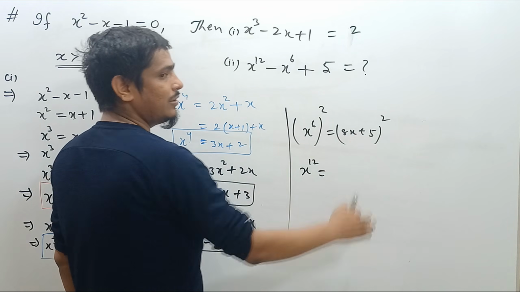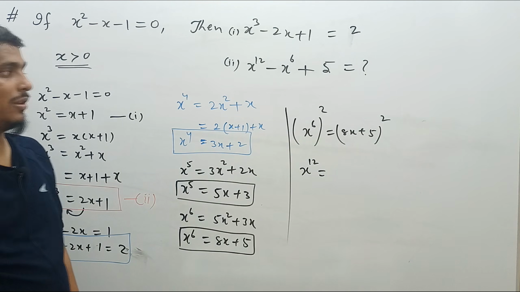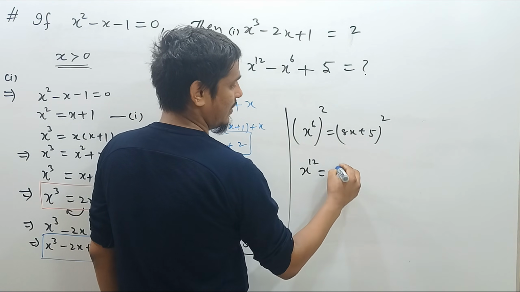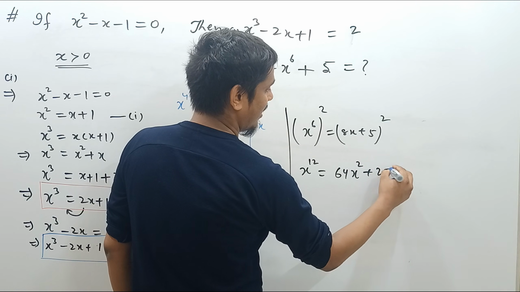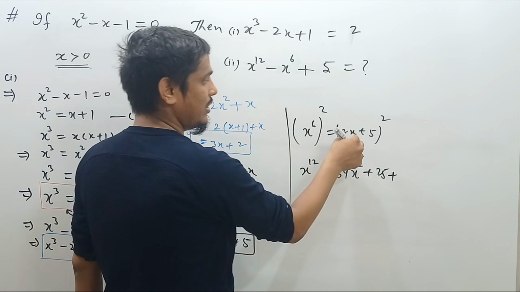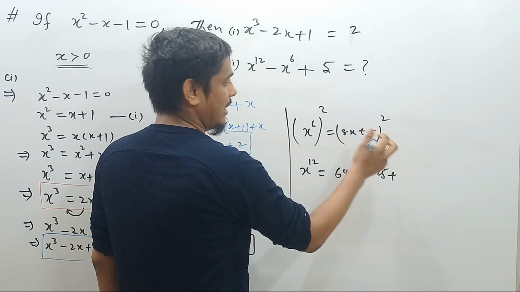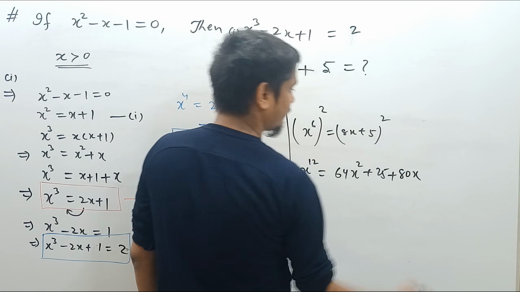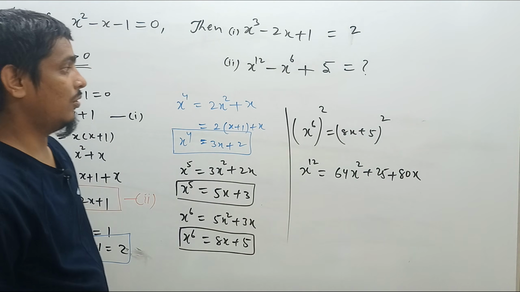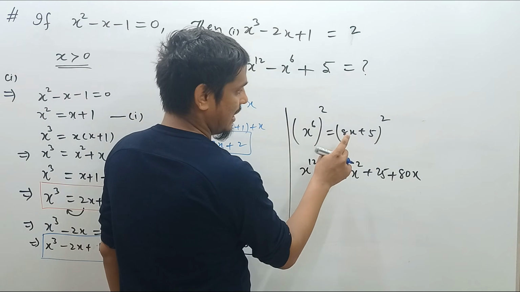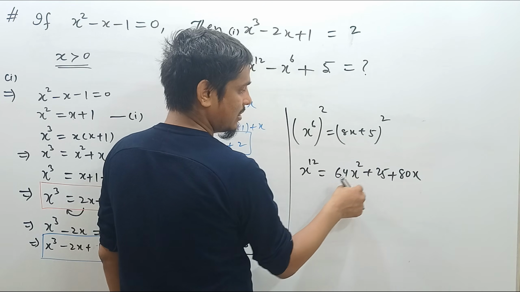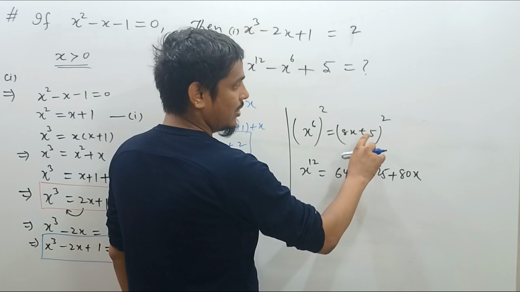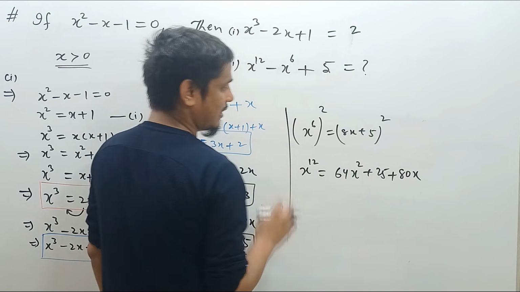And on the right side we can use the a plus b whole square identity. So 8x square means 64x square plus 5 square means 25 plus 2ab means 2 into 8 into 5, 80x. So what we have got is 64x square, 25, 2 into 5 is 10 into 8 is 80x.